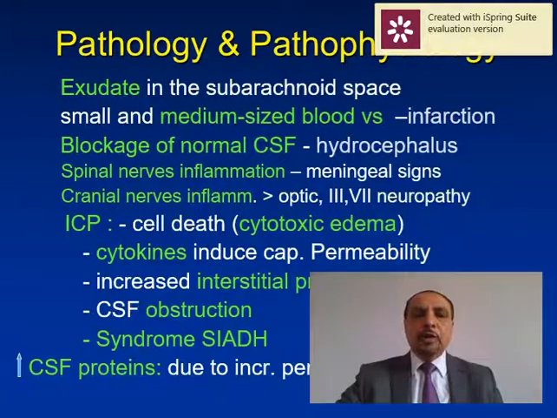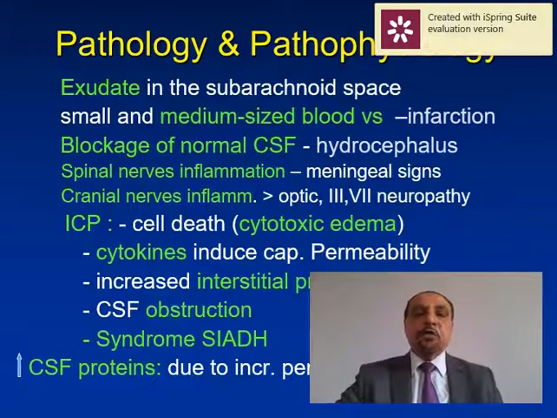Regarding the pathology, what will happen if there is infection? This infection will cause exudate in the subarachnoid space. The small and medium-sized blood vessels will be infected, and that's why it may cause infarction in the areas supplied by these small blood vessels, and we will see that in the picture.